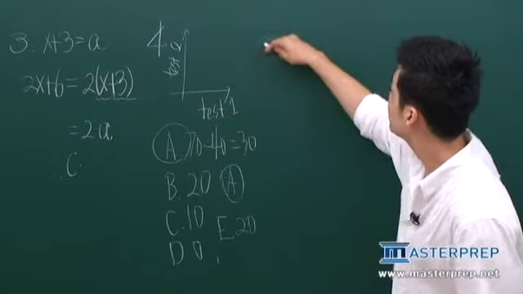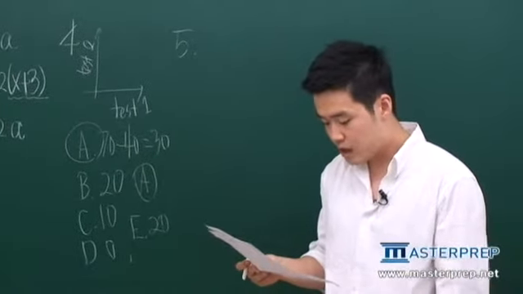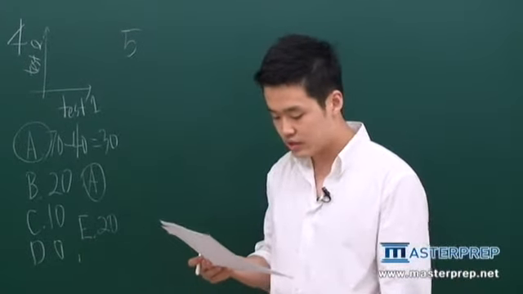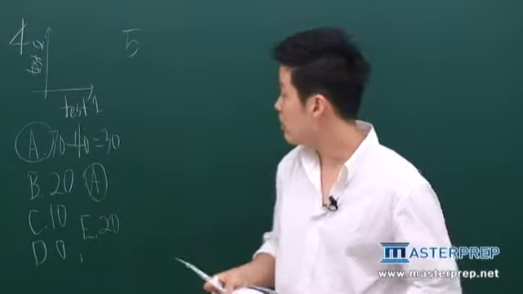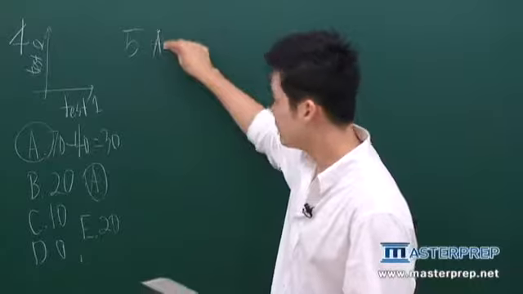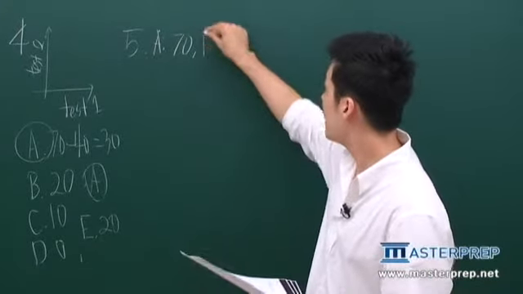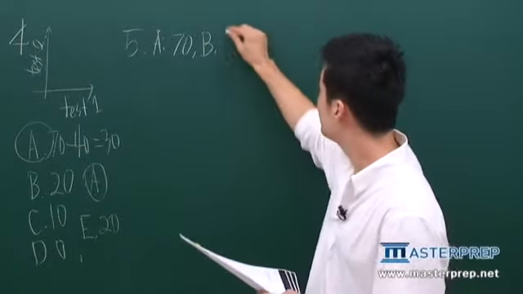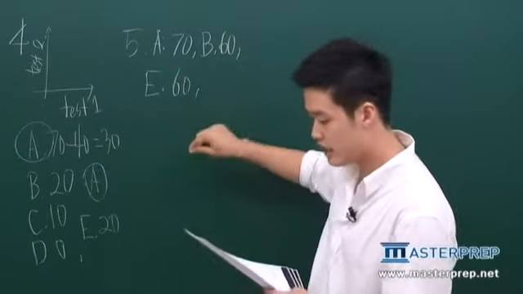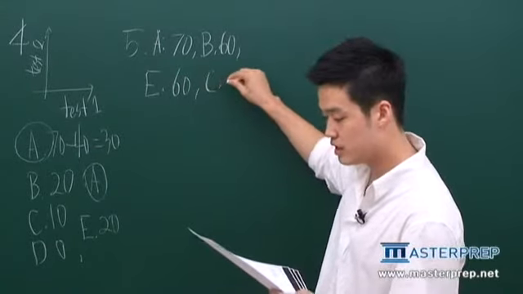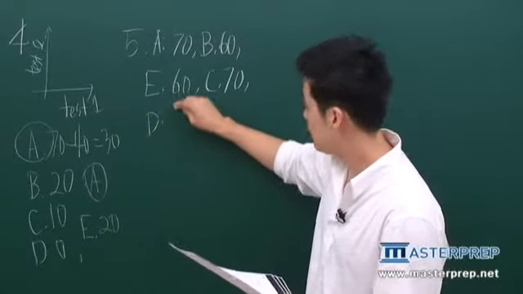Number 5 is related to number 4. What was the average of the scores of the 5 students on test 2? We only have to look at test 2. A has 70, B has 60, E has 60, C has 70, and D has 80.